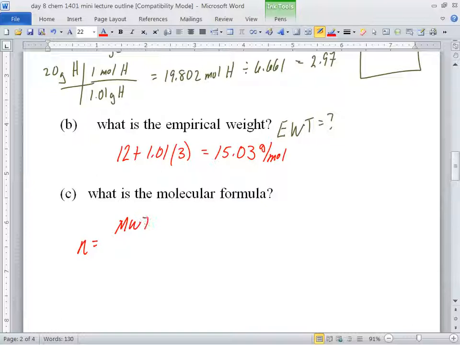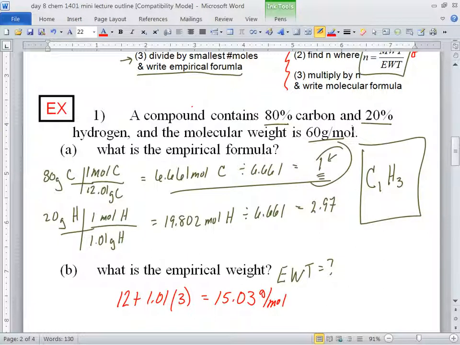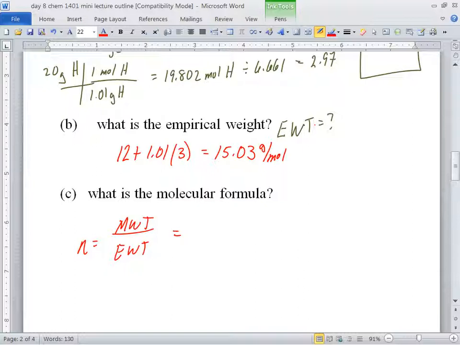Like we said earlier, they have to give you molecular weight, and there it is, 60. So 60 divided by 15.03, you pretty much get 4, wouldn't you? Yeah. So I'm off by a factor of 4.